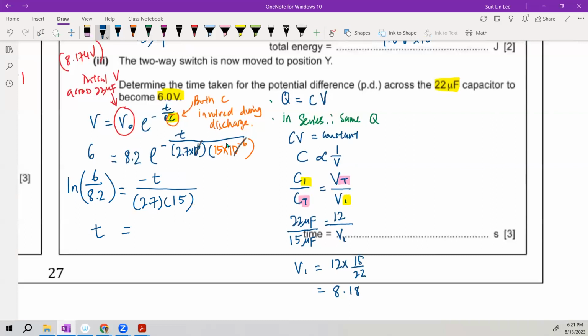So it's 12.65 or 12.7 seconds. If you want to write 2SF, you'll make it 13 seconds.